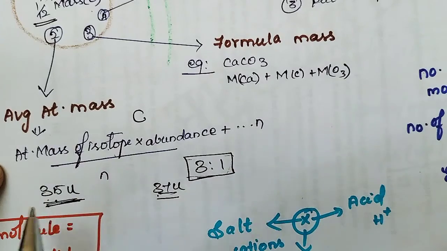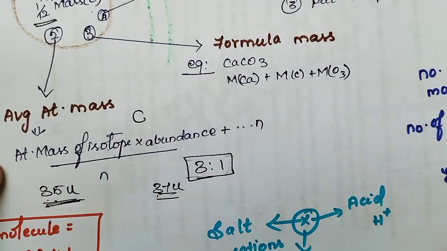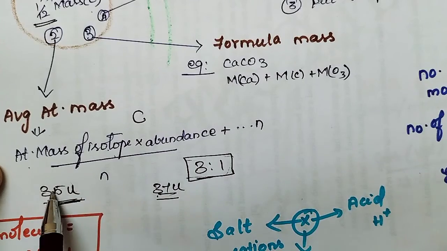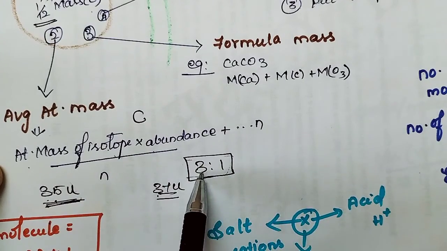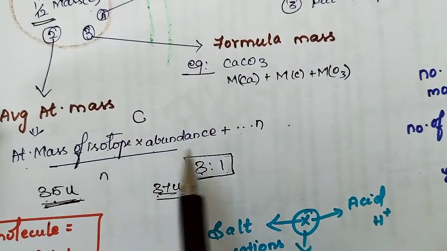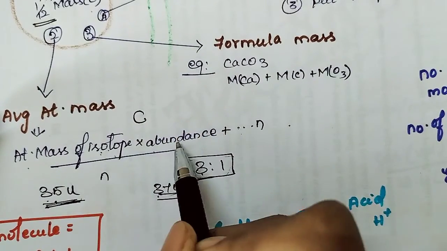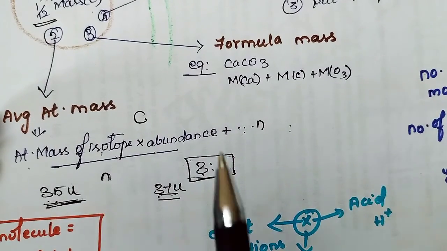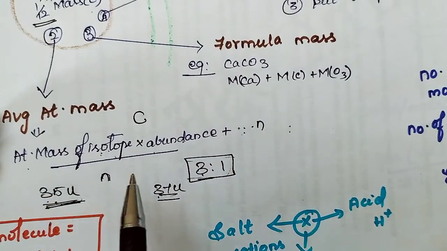So how to calculate the average atomic mass with these masses of isotopes? Atomic mass of the first isotope times its abundance, and likewise it goes on. Now they have given 2 isotopes, so one isotope and its abundance, plus the other isotope and its abundance. That's how we calculate this.